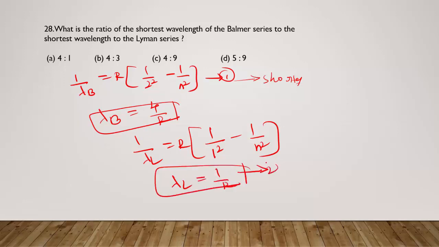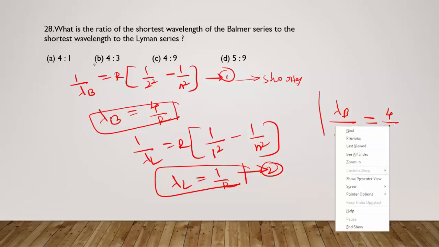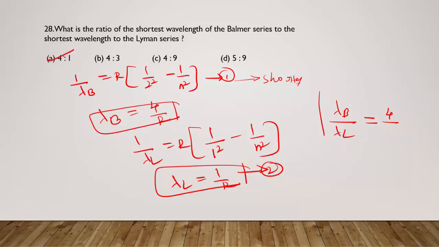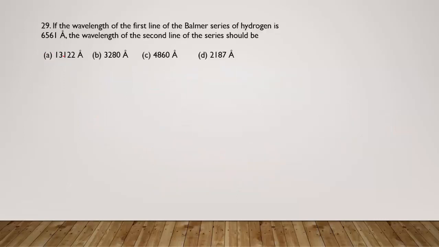This is equation number 2. Dividing equation 1 by 2, we get the ratio of the wavelength of the Balmer series to the wavelength of the Lyman series, that is 4 divided by 1. The option A is the right answer.